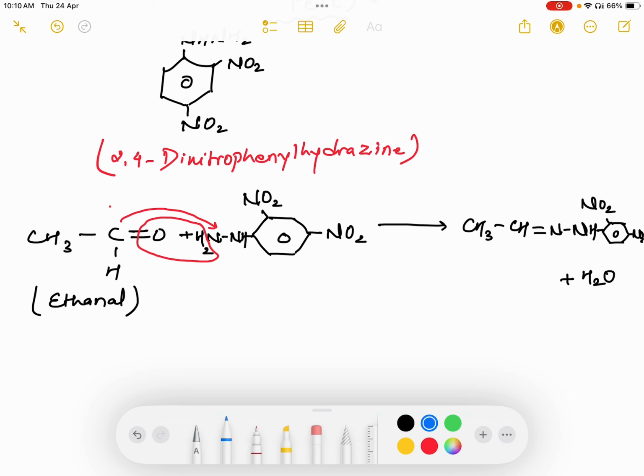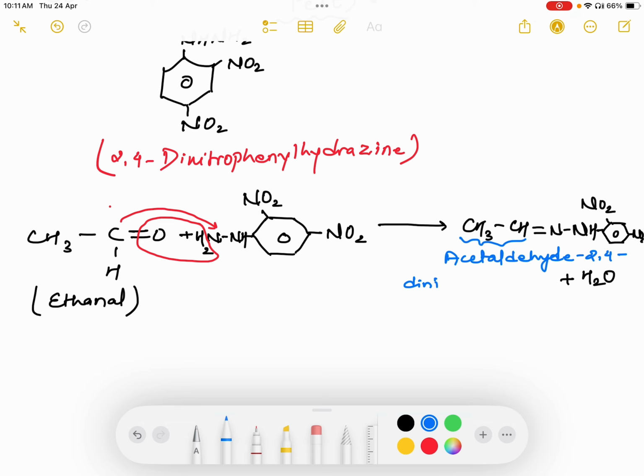So this will be the product, along with the liberation of one molecule of water. The product formed is acetaldehyde 2,4-dinitrophenyl hydrazone, because this part was acetaldehyde and the remaining part is what you already know, 2,4-dinitrophenyl hydrazine. Sorry, it's hydrazone.